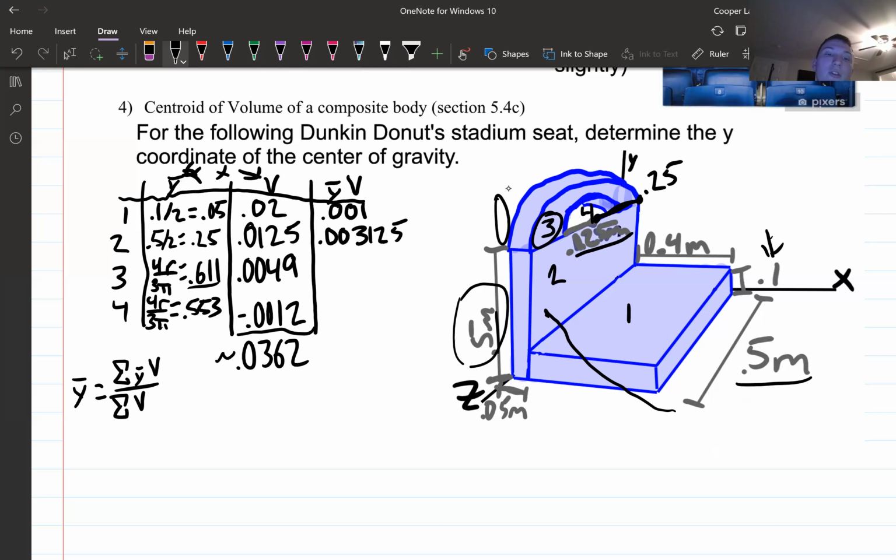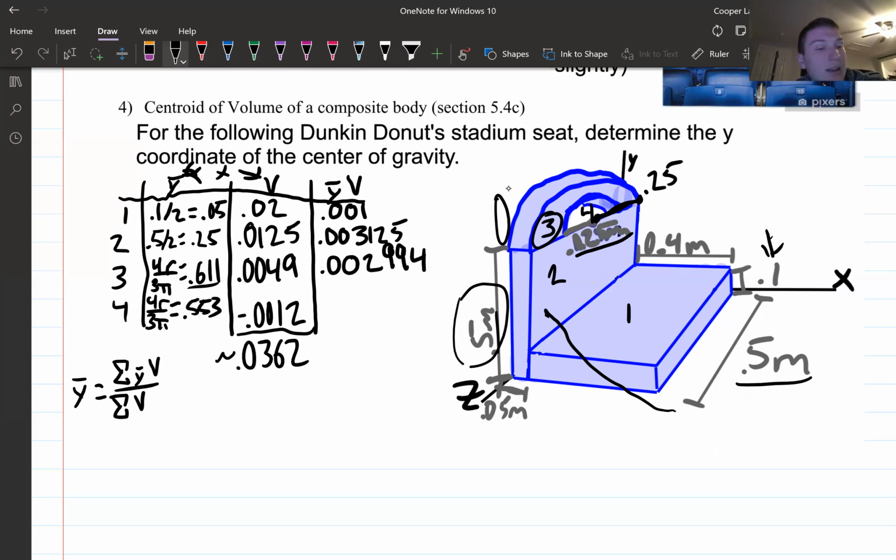When I do it for shape 3, I'm going to get 0.002994. Then that moves on to shape 4, where, keep in mind, my volume is negative, so my y bar times v will also be a negative value.